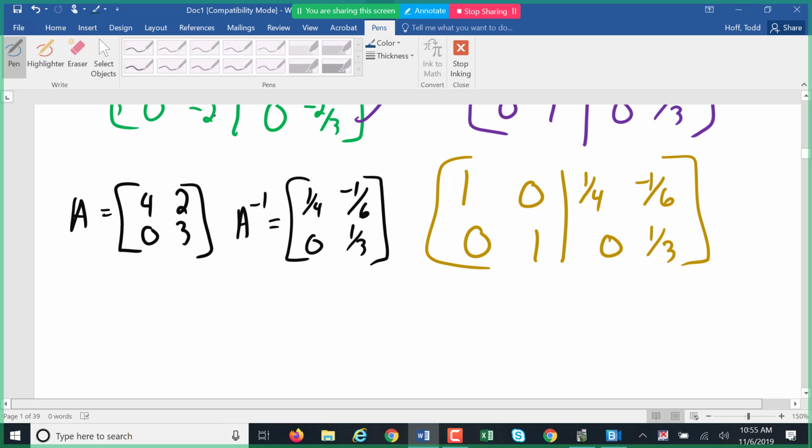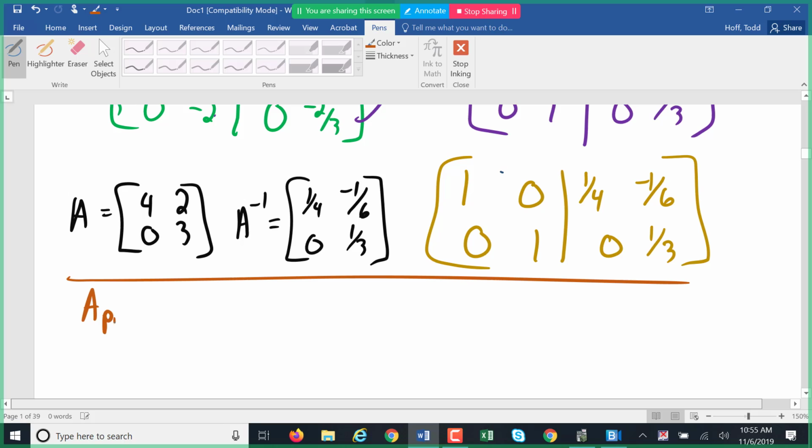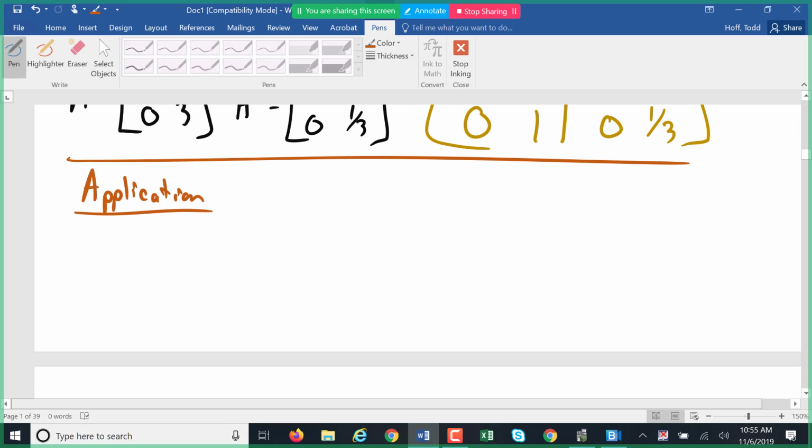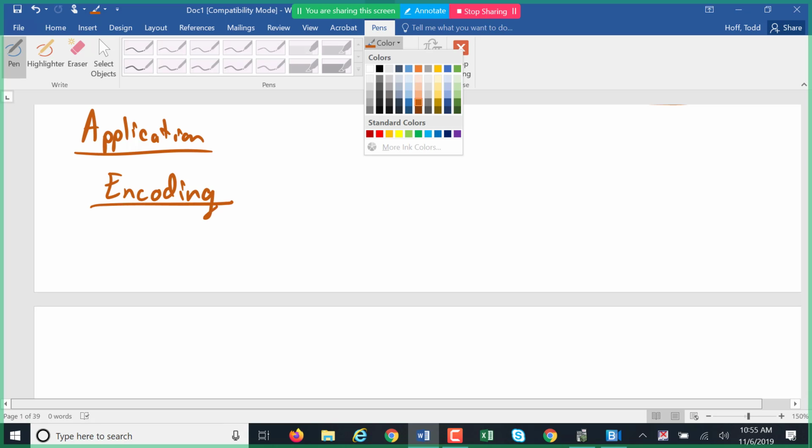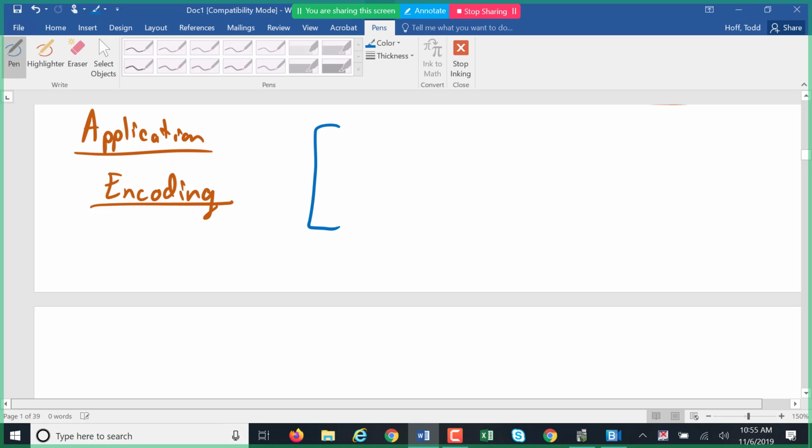Okay, so an application of this. One application of this is in encoding and encryption. There's a couple of variations of it. The most common variation is to use a 3x3 matrix.